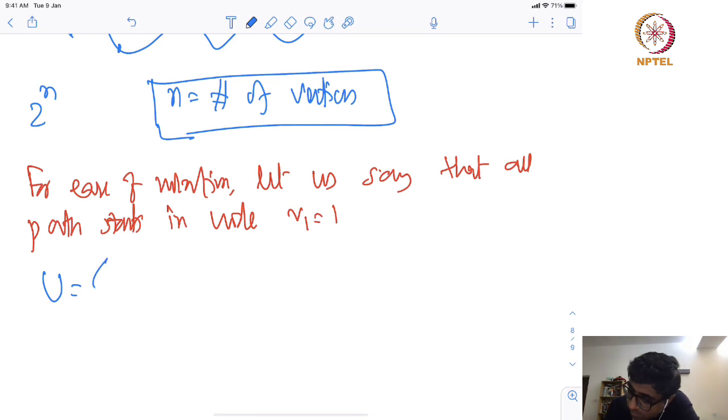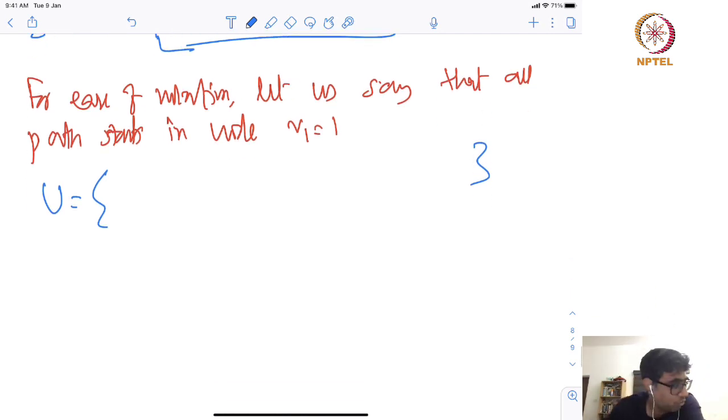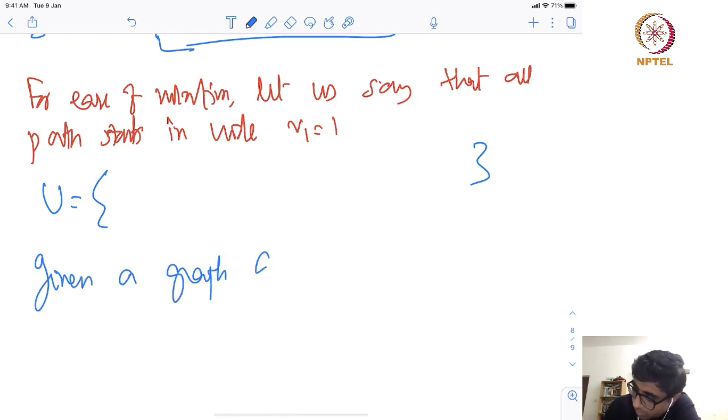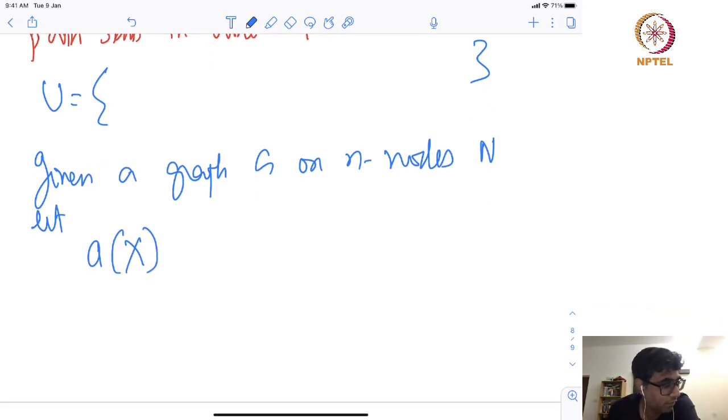So, my universe is going to be something which will be a slightly easier object to count. Now, suppose we are given a graph G on n nodes, say n. Let A of x, okay, what is A of x?